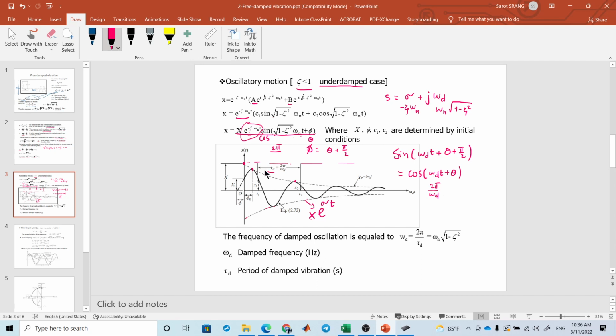That's why you have the exponential curve representing the amplitude of the sine function, so that the oscillation of the sine function is within the envelope curve. You can imagine it that way. It can be easily remembered.